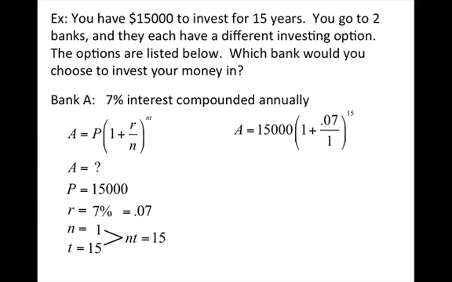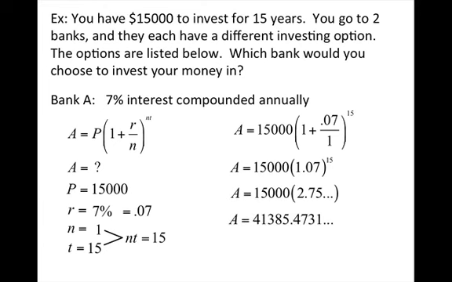So again, when I begin with the parenthesis, I did 1 plus 0.07 divided by 1, and that gave me 1.07. I left that in my calculator and I raised it to the 15th power, and that gave me 2.75, and that decimal continued on. I left that decimal in my calculator and I multiplied by the 15,000, and that gave me 41,385.4731, and that decimal continued on.